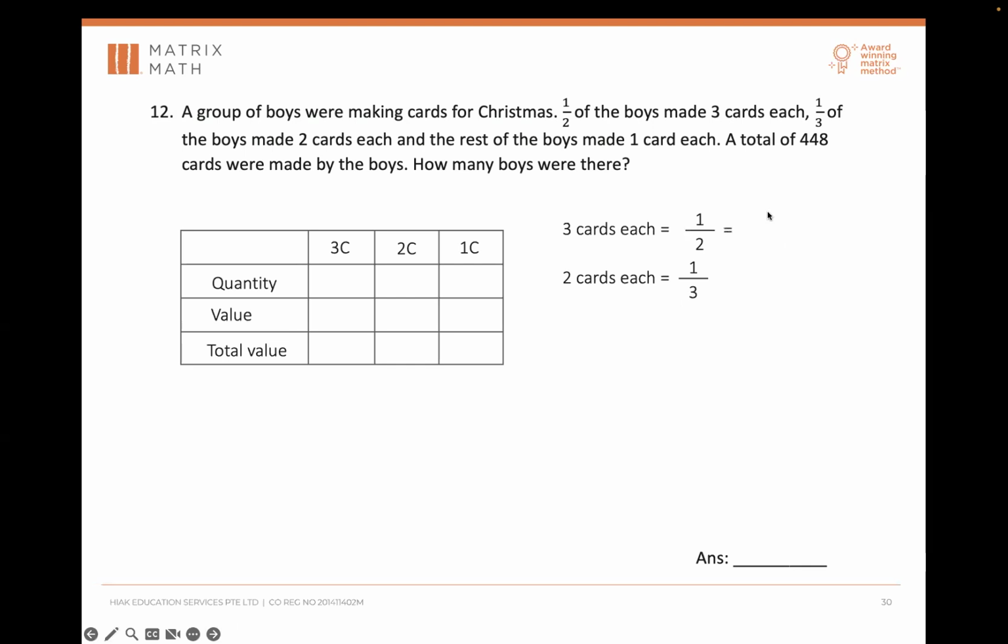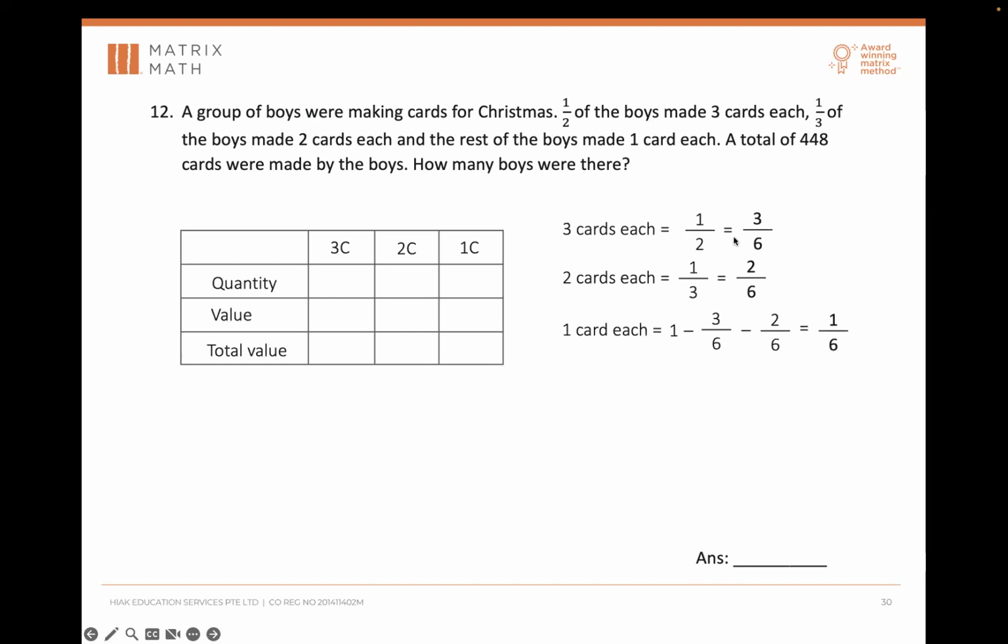The rest is what? 1 whole minus half and minus 1/3. So let's make the denominator the same to compare. Let's make it 6. So 1 card each will be 1 whole minus 3/6 minus 2/6. So 1 card each is 1/6 of the boys.